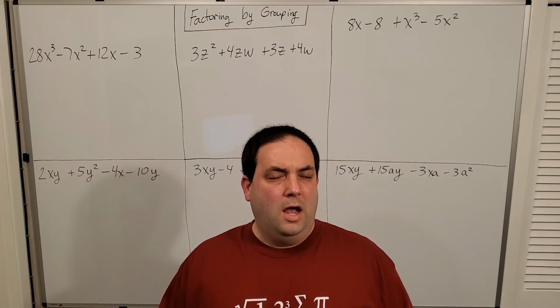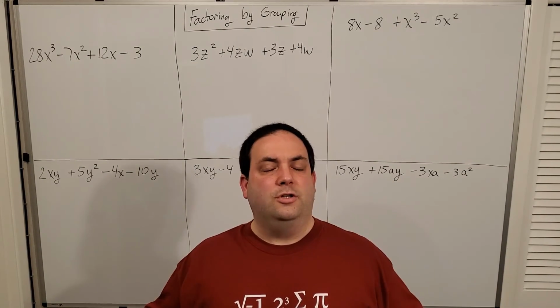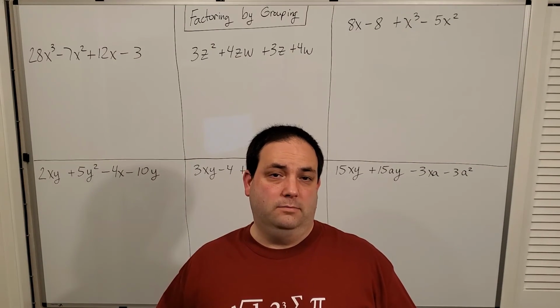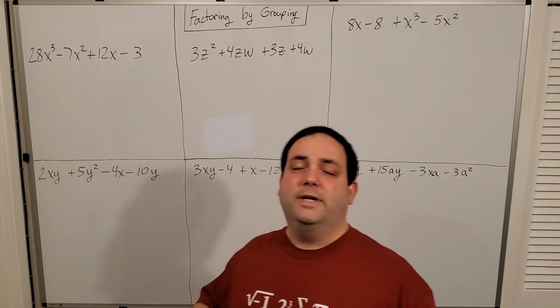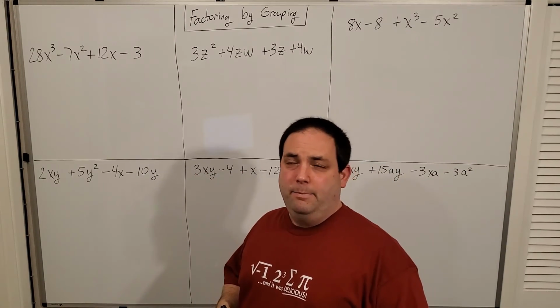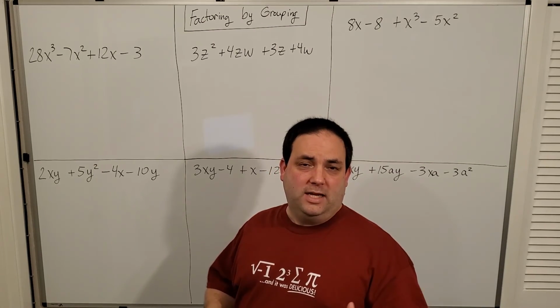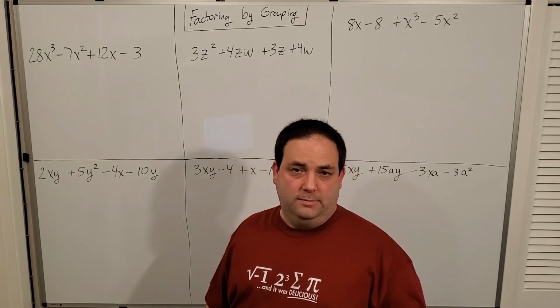To finish up this lecture, I want to talk about an extension of common factor factoring. It's called factoring by grouping. And basically, it's the next step up from those last two examples that we were just discussing.